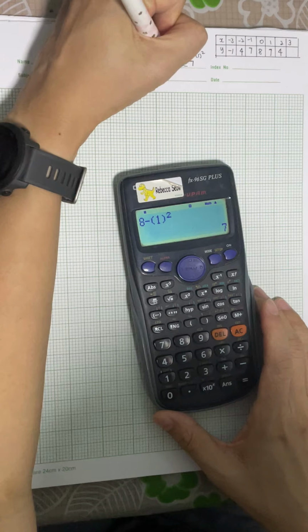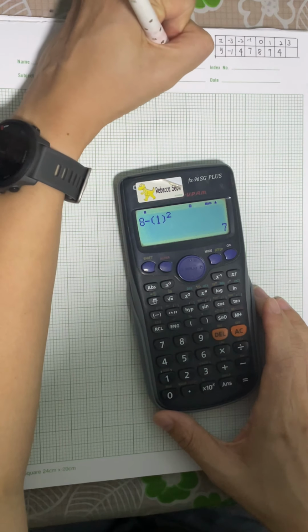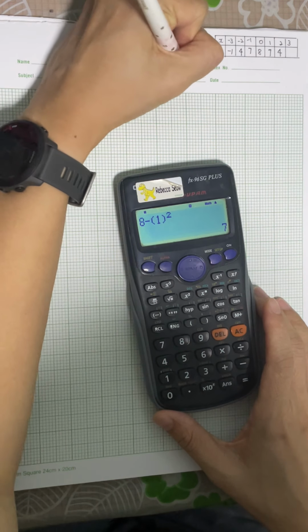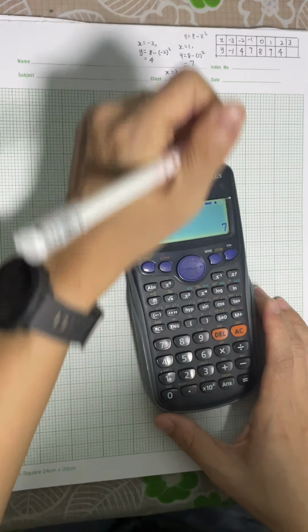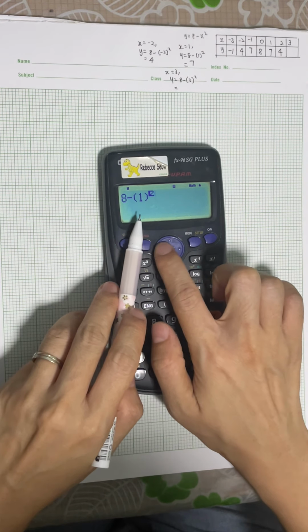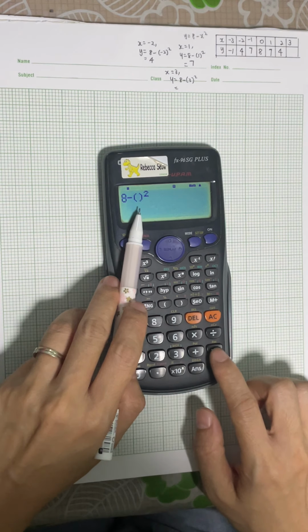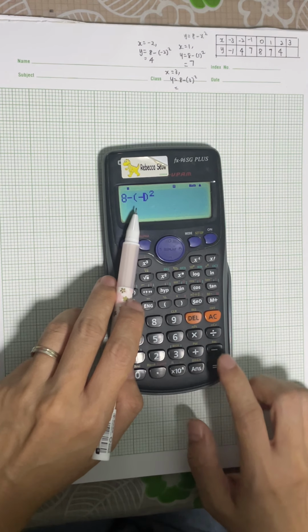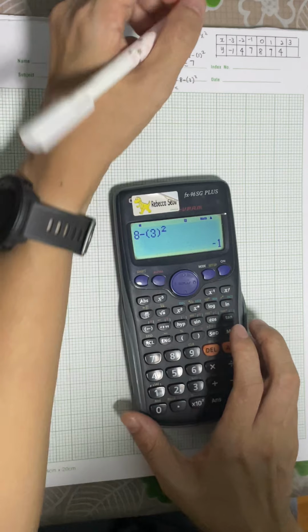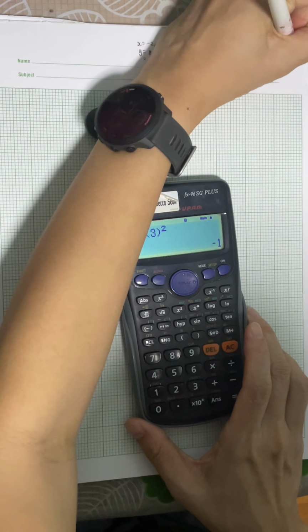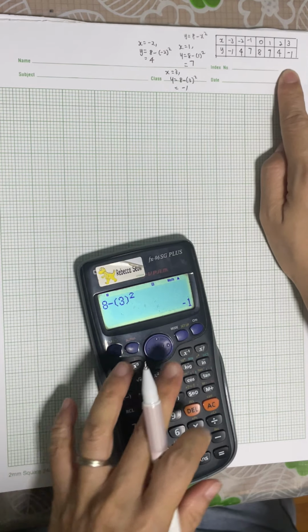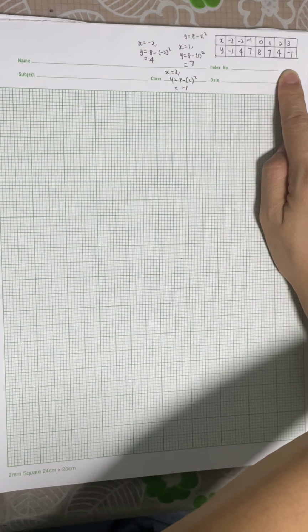And lastly, I will do the same for x equals 3. Move back the cursor. Instead of 1, I replace it with the variable 3. Okay, so now I have all the coordinates that I need to plot the graph.